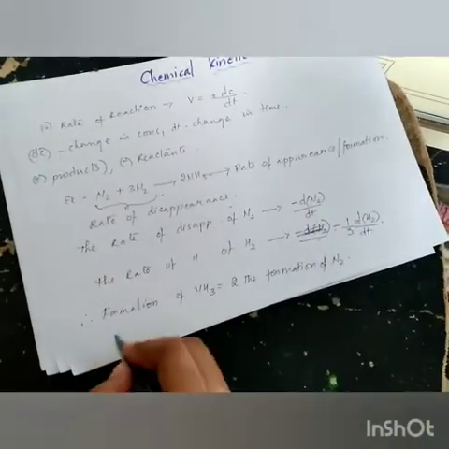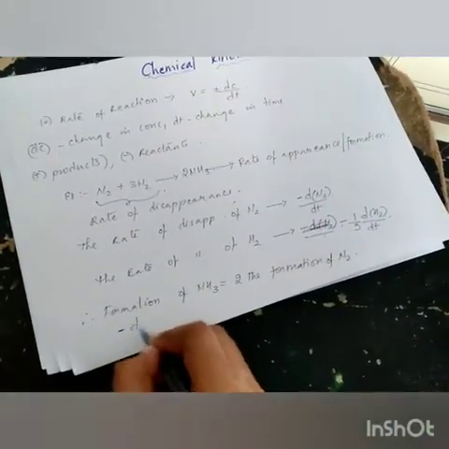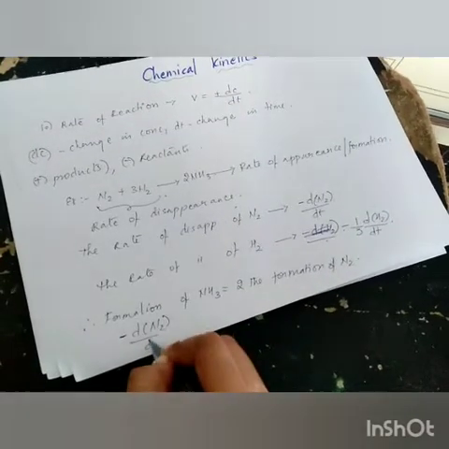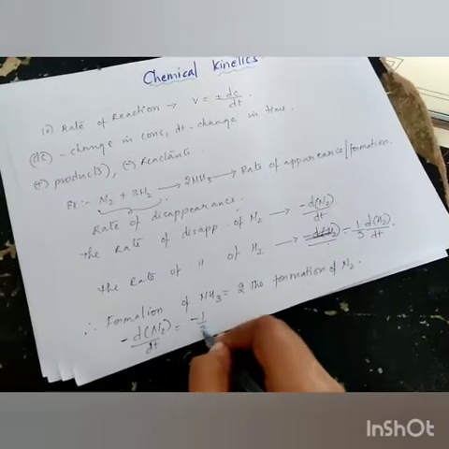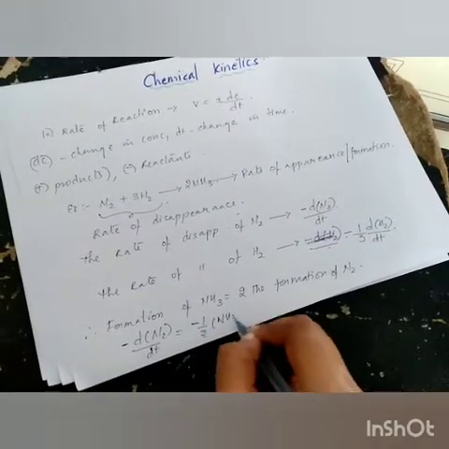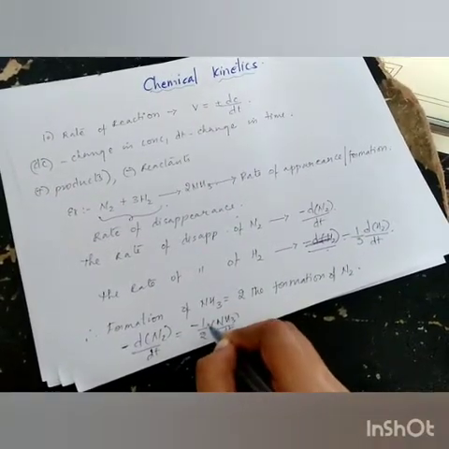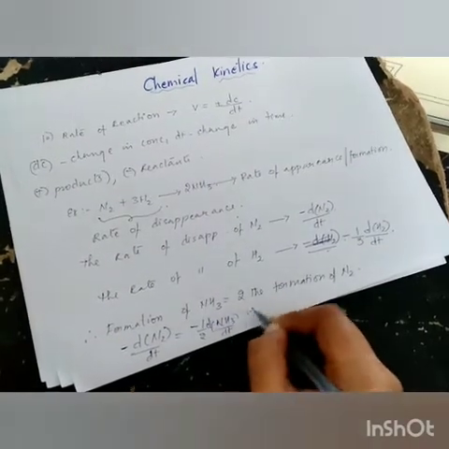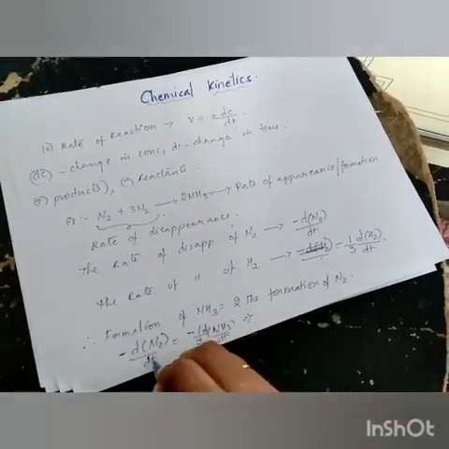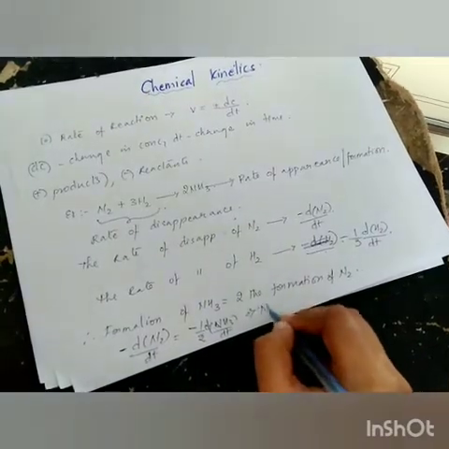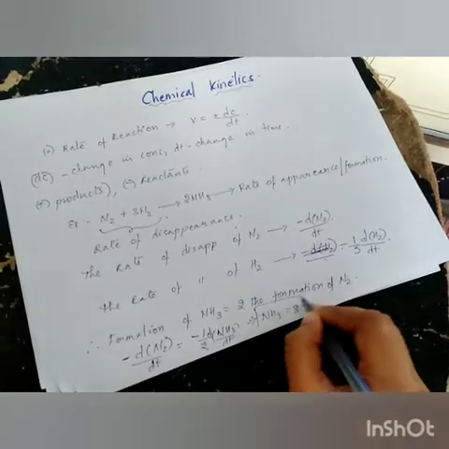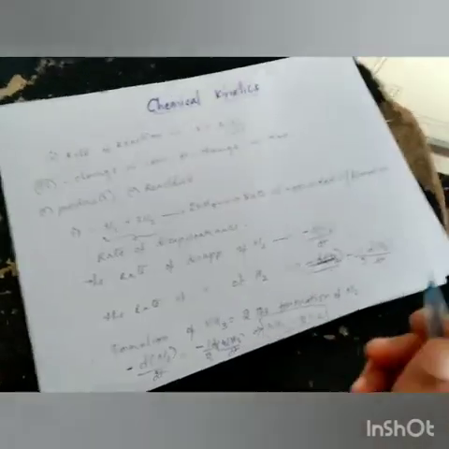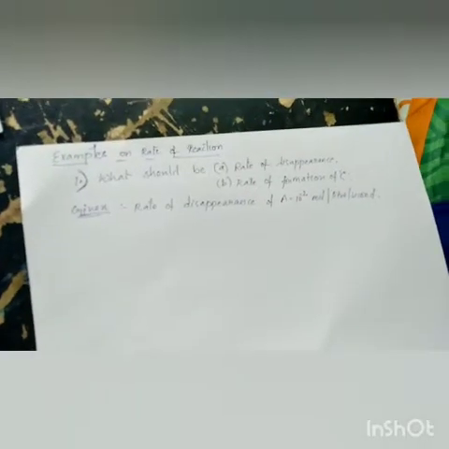See how it is, because we write minus dN2 by dt is equal to plus half dNH3 by dt, right? So here NH3 will be twice of N2. NH3 is twice N2 formation. This is okay.